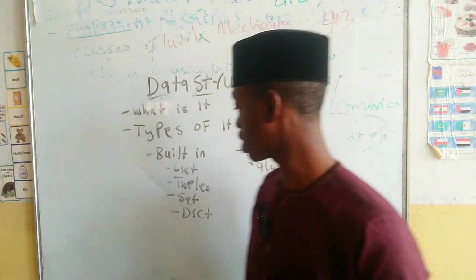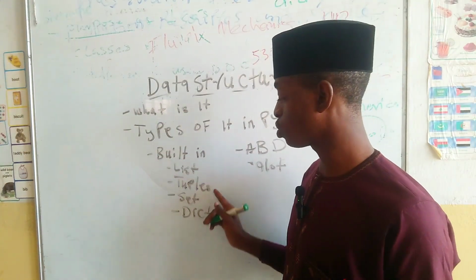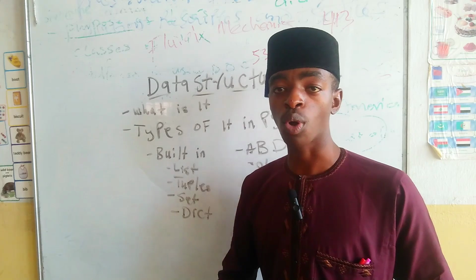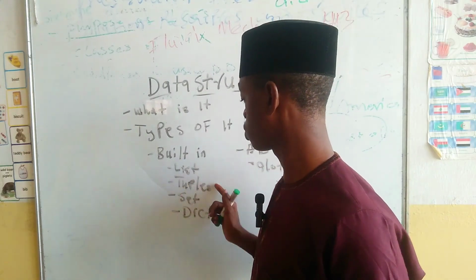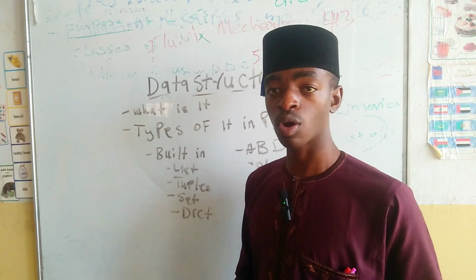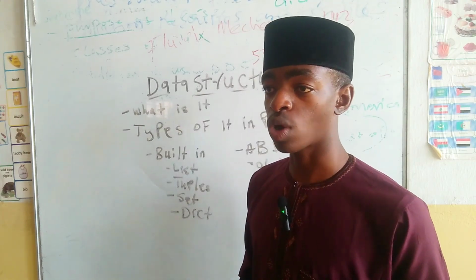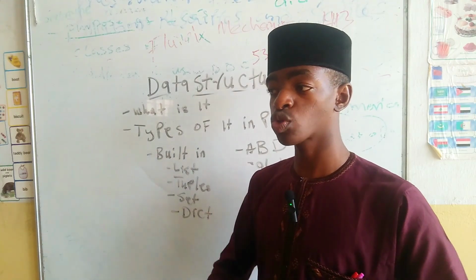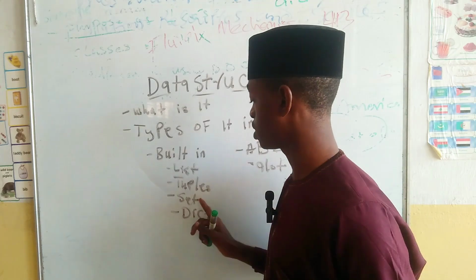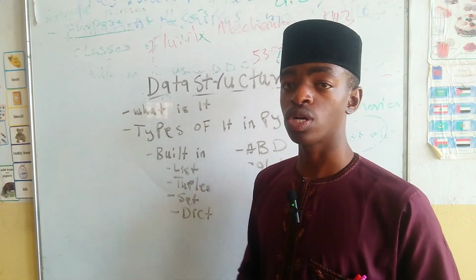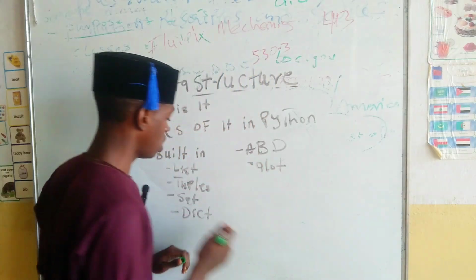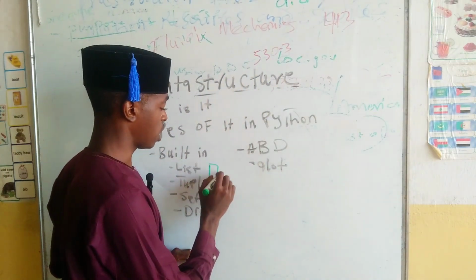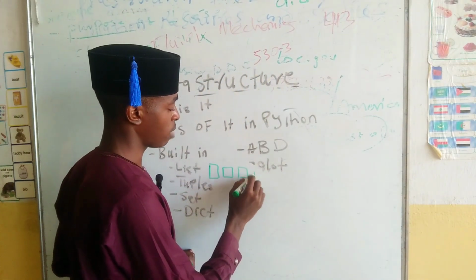All of those data structures that you are seeing, list, tuple, set, have their own way of organizing data and accessing data. Like list and tuple, they organize data almost the same way and also access it the same way, but they also act differently. And set and dictionary organize data differently. Let me give you an example. Let's say this list organizes data like this, one after the other.